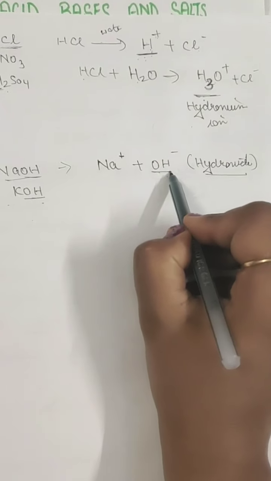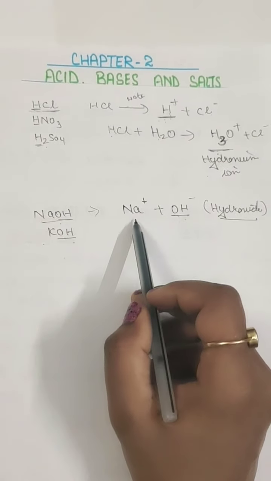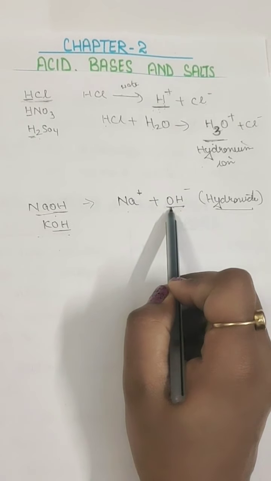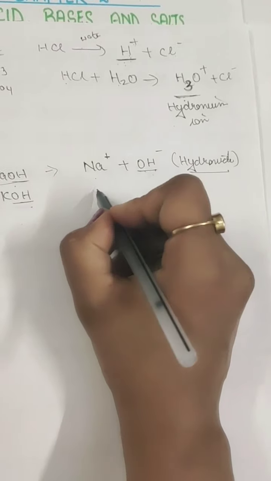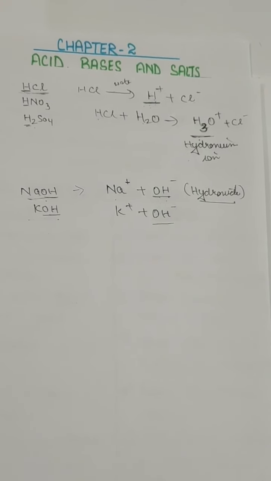Okay, hydroxide ion. So bases are those compounds which when dissolved in water release hydroxide ion. Same in the case of KOH also, potassium hydroxide, potassium and hydroxide. So it will be the same with the other metals as well.